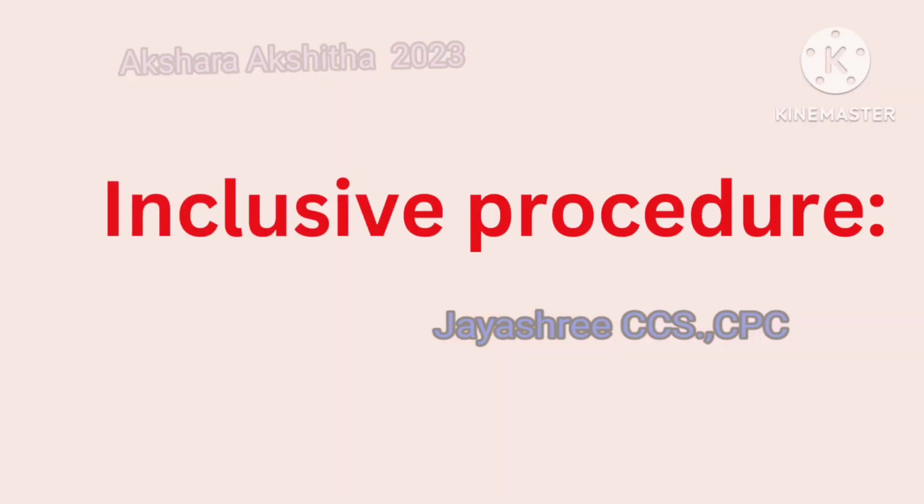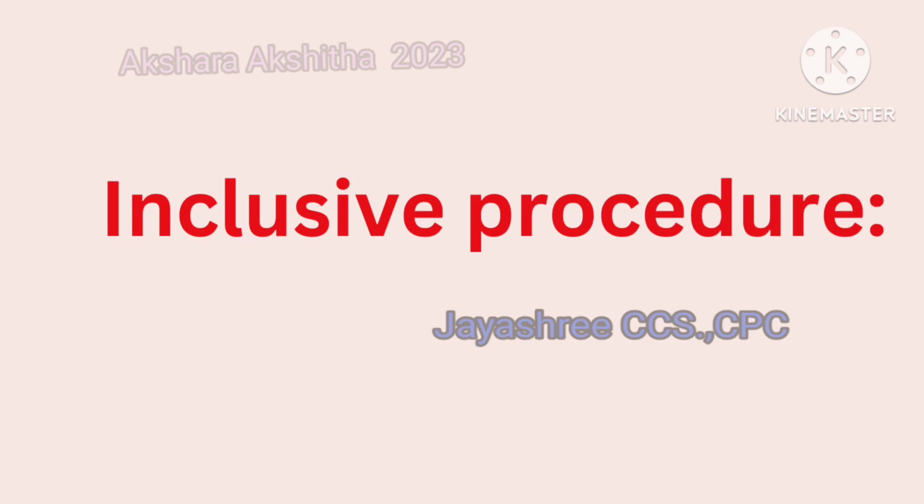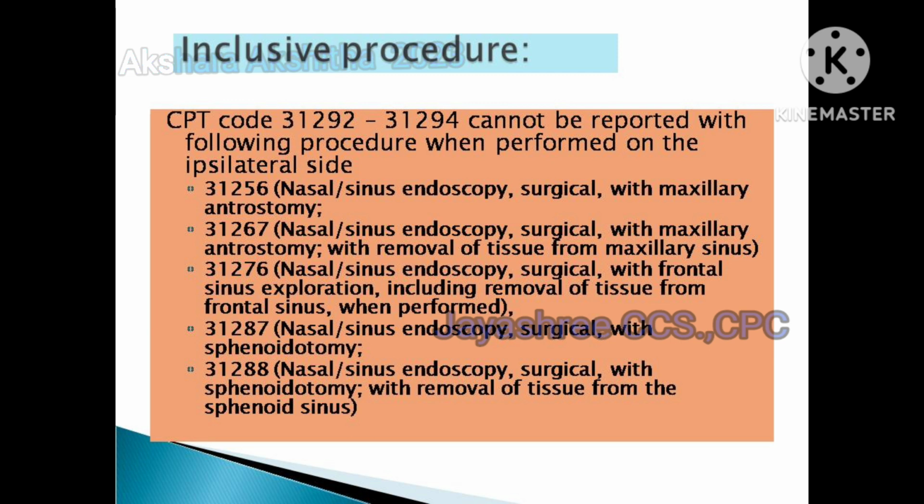Then let's see what the inclusive procedures are in this section. There are so many. Which codes can we not code with which code? Let's see one by one. Please check CPT codes 31292 to 31294; they cannot be reported with the following procedures when performed on the ipsilateral side.